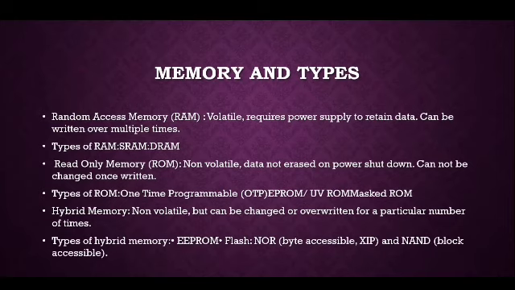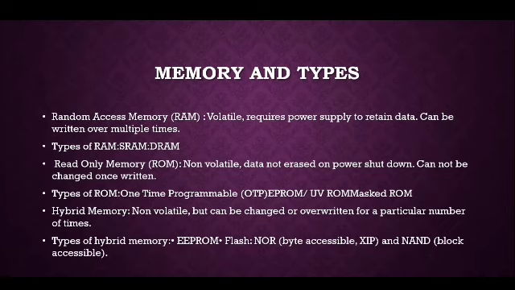There are two types of memory, RAM and ROM. RAM is random access memory and ROM is read-only memory. Random access memory is a volatile memory which requires power supply to retain data. It can be written over multiple times. Types of RAM are static RAM and dynamic RAM. Read-only memory is ROM. It is non-volatile. Data is not erased when the power is shut down.